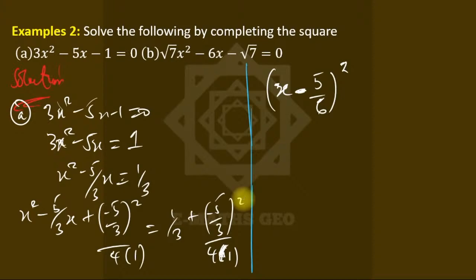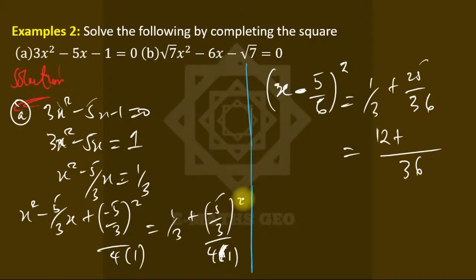So that's it. Why this one? I told you to open up this, plus 25 over 9 times 4 is 36. So here the LCM is 36, which is 12 plus 25.